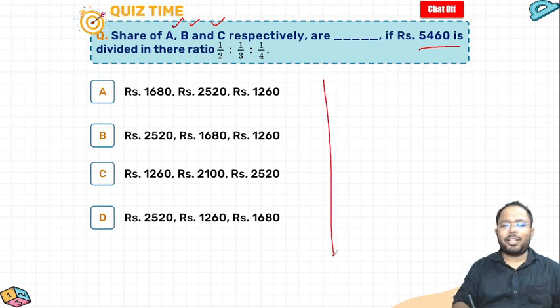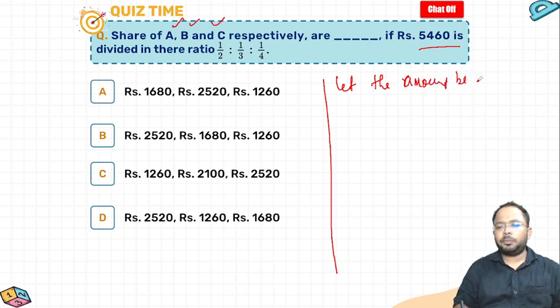Alright, then let's solve this. Since the ratio is given as 1 by 2 is to 1 by 3 is to 1 by 4, let's say the amount be x.